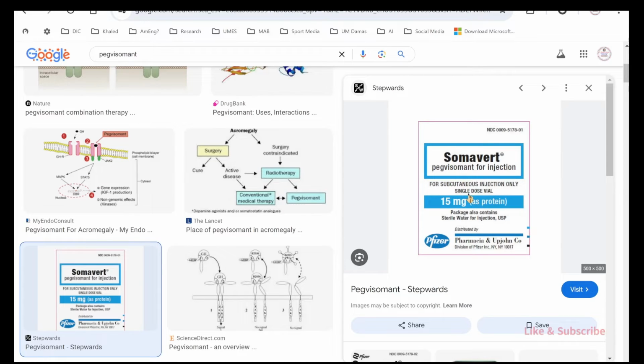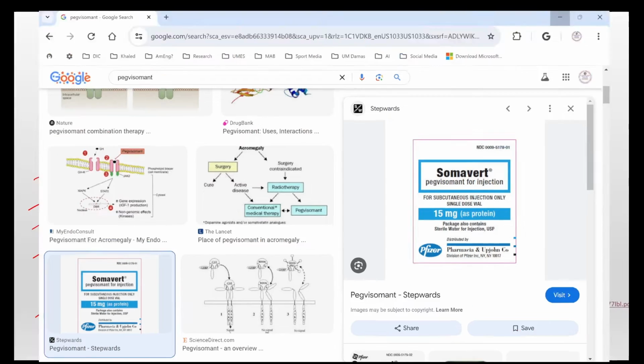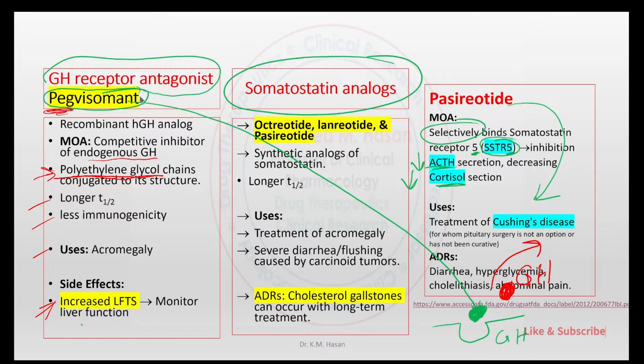This medication is prescribed by subcutaneous injection only. So what is pegvisomant? If you minimize, pegvisomant is considered a growth hormone antagonist. Pegvisomant is used for patients with acromegaly. When you prescribe this medication to your patient, you need to monitor liver function.